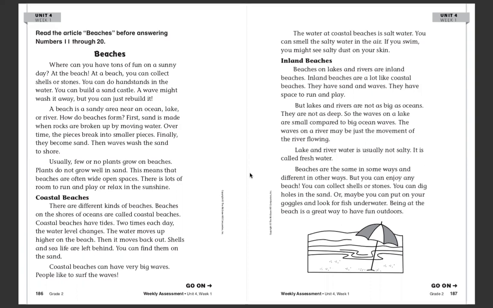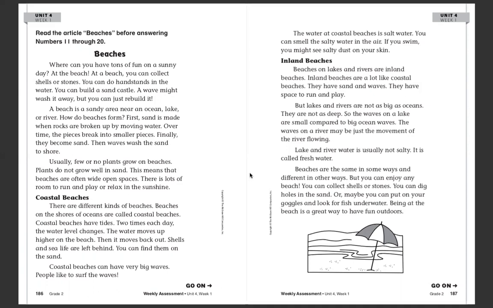How are the facts of these beaches the same? Where are they? What are they made up of? How do they help? Write any ways that they are the same and any ways that they are different, because you will have questions on your weekly assessment that ask how these beaches are the same and how they are different. So let's read through.